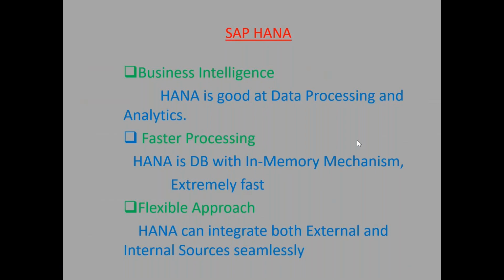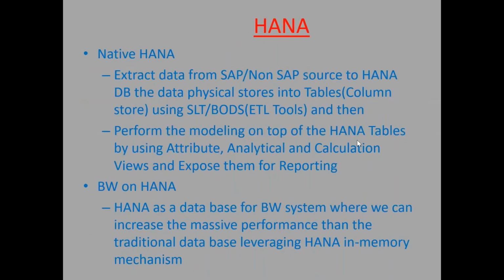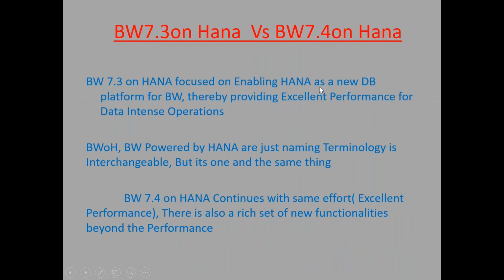But from the software point of view, there are huge differences. Any SAP application, like SAP BW, ECC, or CRM, works on the SAP NetWeaver platform, what we call the NetWeaver product.